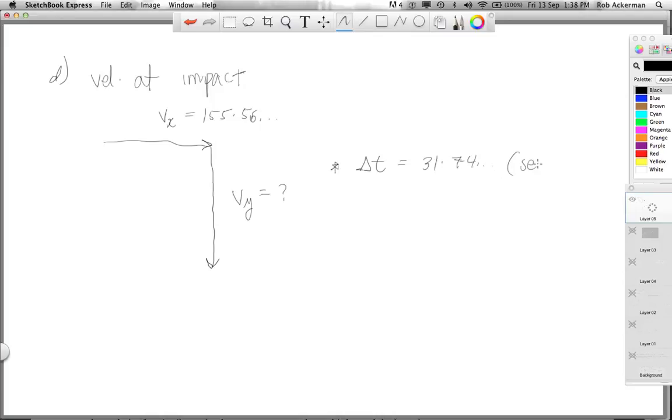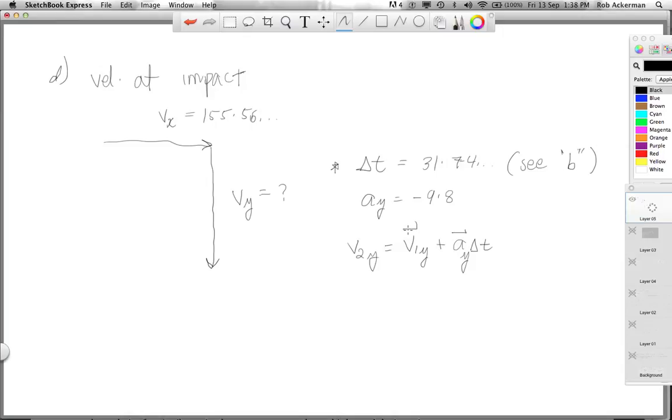I'll just write in here C part B. Okay. And of course we know AY is negative 9.8. Therefore, give me V2, knowing what V1 was and knowing that for some time some acceleration occurred.